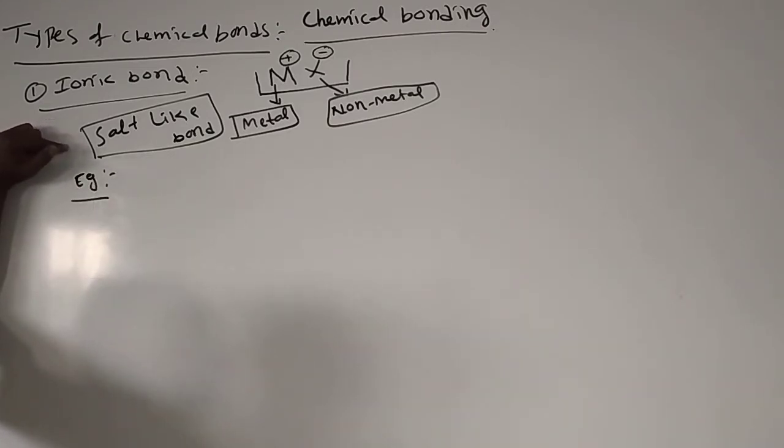The compounds which have an ionic bond, we call ionic compounds.